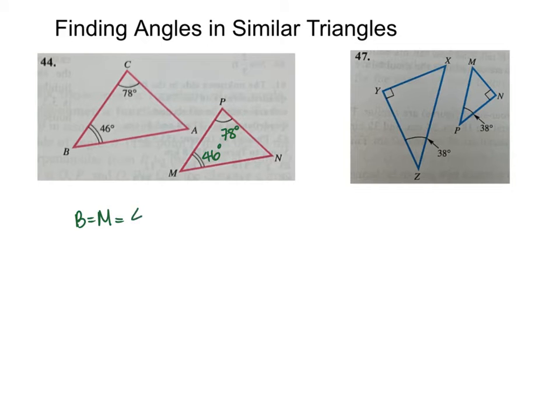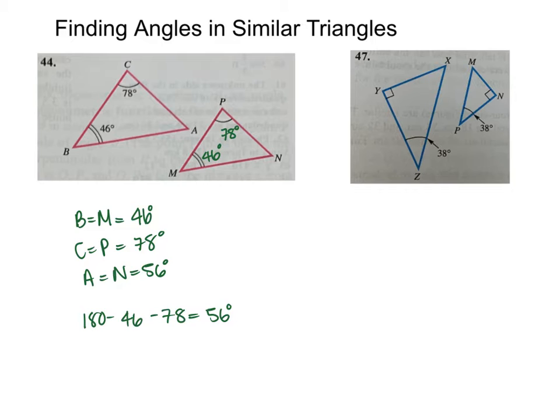I'll write that down, and then C equals P, and they equal 78. And then we need to find out what the other angle is. Well, easy enough. We just have to take 180 and subtract 46 and 78. So if I were to do that, I would get 56 degrees. So that means my A and my N are equal to 56 degrees.